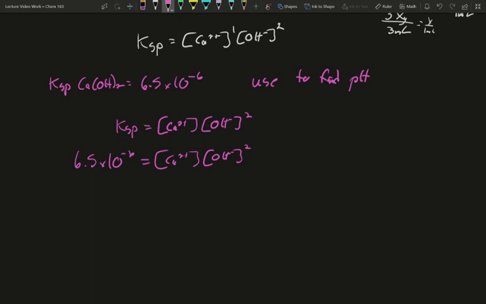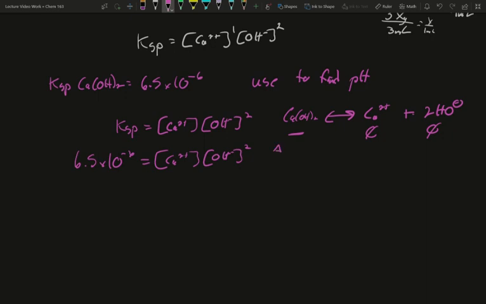Well, how much of those are there going to be? Originally, none. So you can kind of imagine the table. Hey, I'm making some calcium 2 plus and I'm making 2 hydroxides. Initially, we're unconcerned about the calcium hydroxide itself, but we start with none of our products.